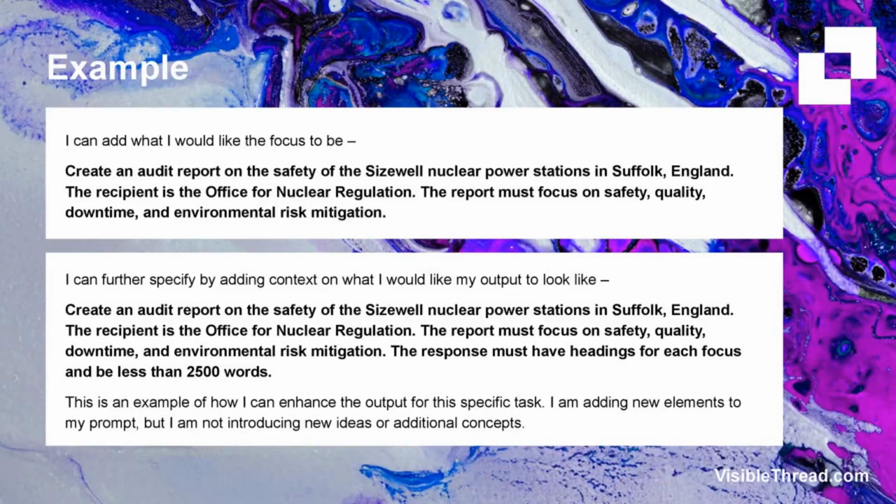So we've added new elements and we have added more context to our prompt, but we haven't introduced any new ideas or additional concepts. So even as we look at the more complex prompts we're going to cover that have multiple steps and multiple pieces of context and information, the core ask is the same. And that's something that we always have to remember as we're working through prompting.